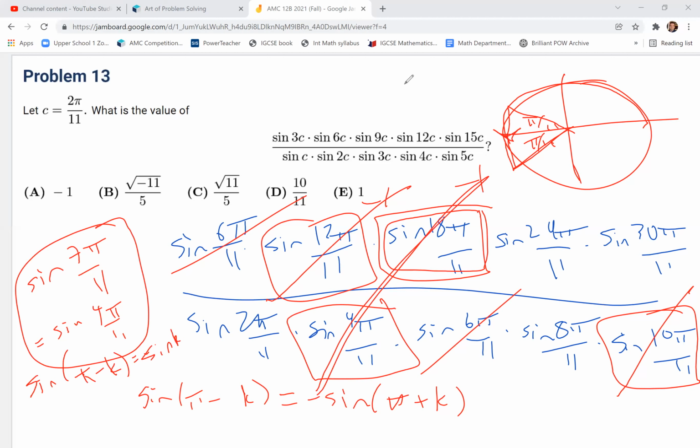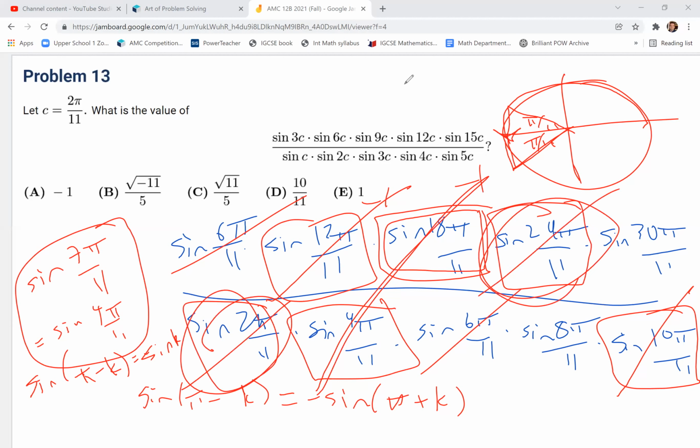Now, think about sine 24 pi over 11. Well, 22 pi over 11 would be 2 pi. So basically, that's 2 pi plus 2 pi over 11. But 2 pi is the same as 0, so it's just sine of 2 pi over 11. So this and this are equal, and we can cancel them out without leaving anything, just a 1.